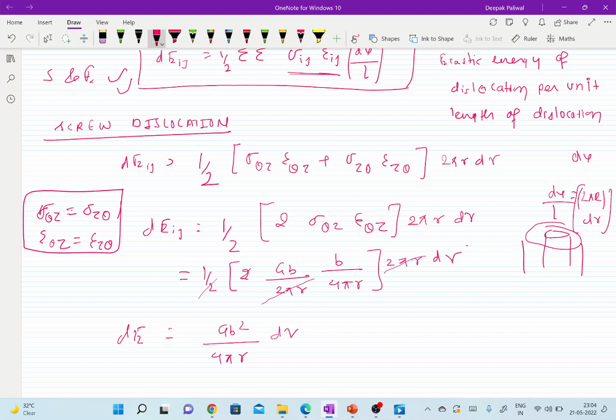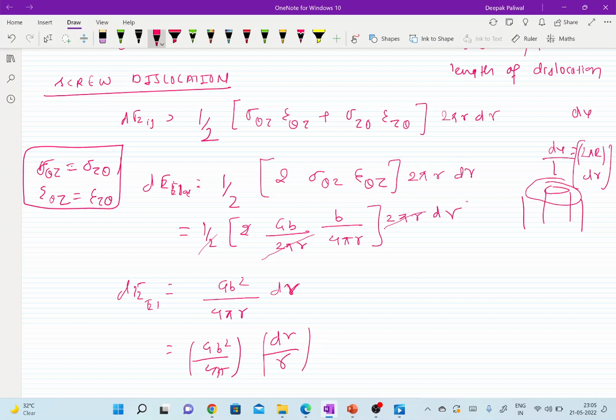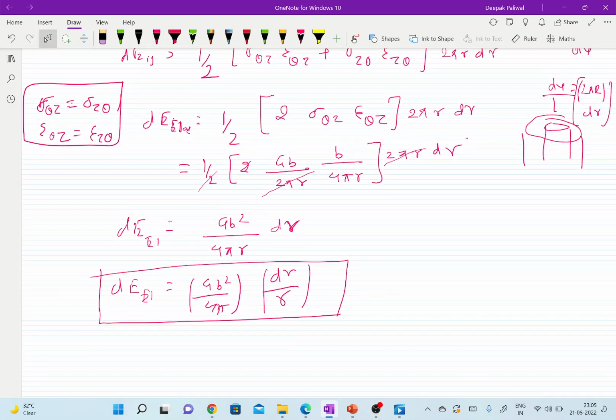This is the elastic part; we are calculating the energy in terms of the elastic part.